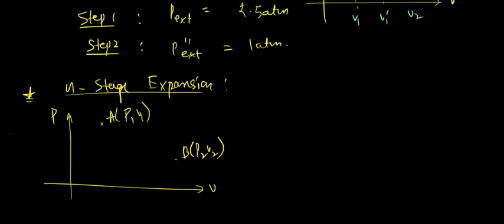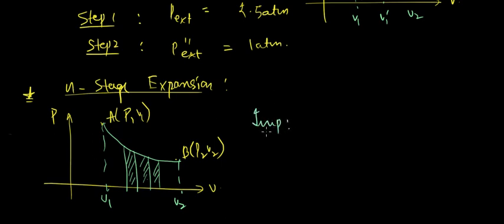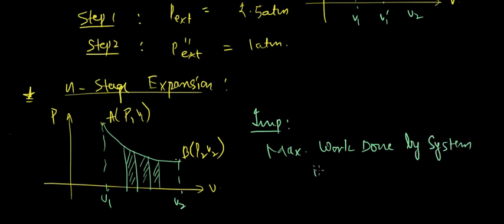So in n stage compression, or rather expansion, it actually breaks down the path from V1 to V2 into small chunks, n chunks. So in this case the work done would be maximum. So maximum work done by the system in a reversible process.